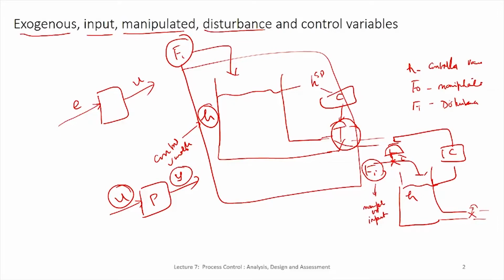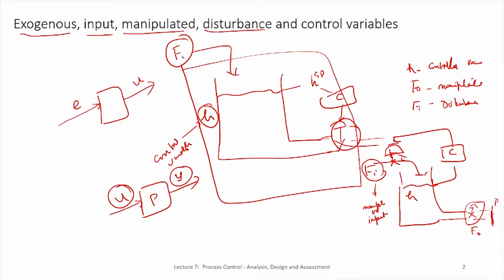In this case, because this is at a fixed position here, there is no manipulation of this. However, depending on what is the pressure at this side of the system, which is downstream, even for a fixed position, this F naught can keep changing because the flow rate across this valve depends not only on the resistance, but also the delta P across the valve.